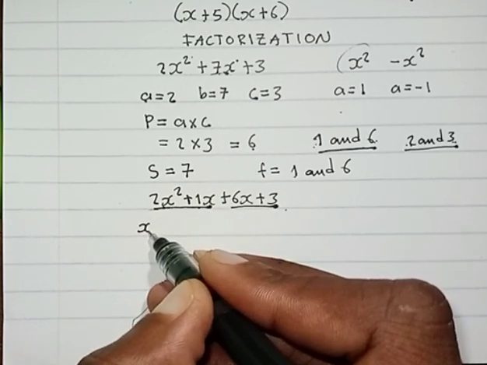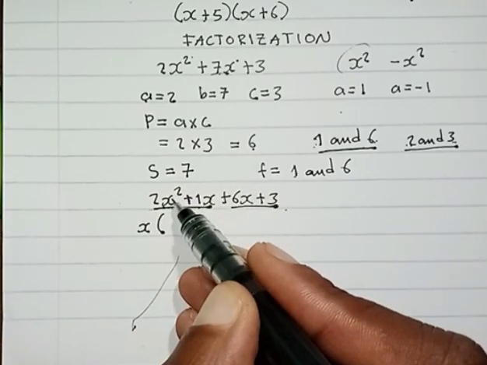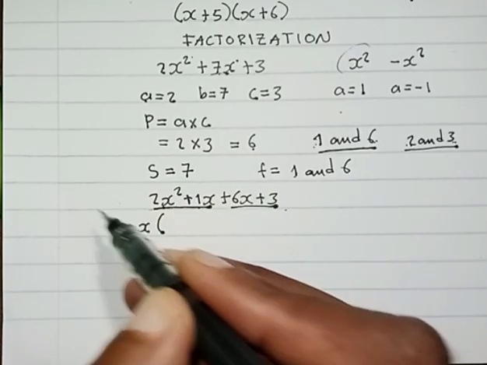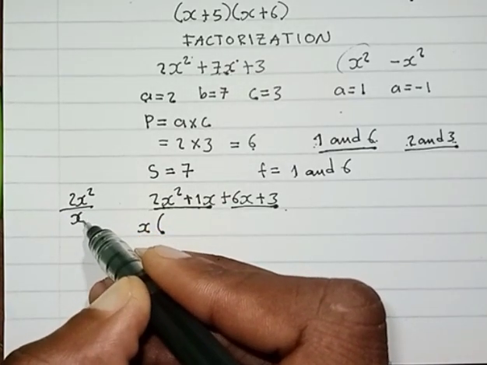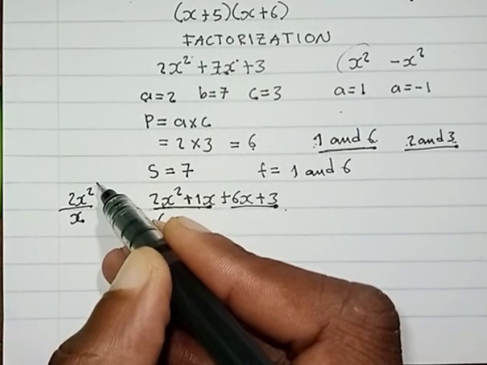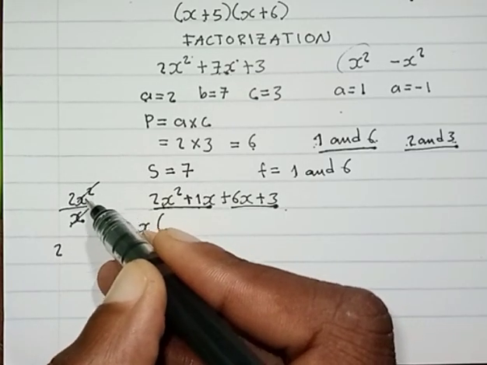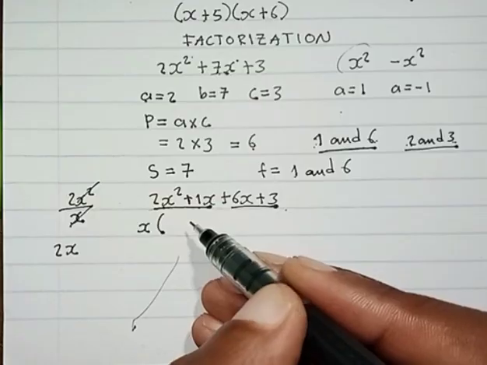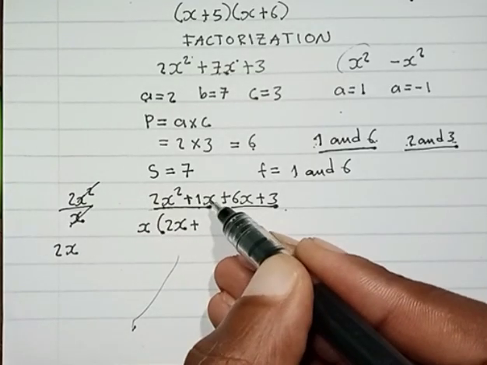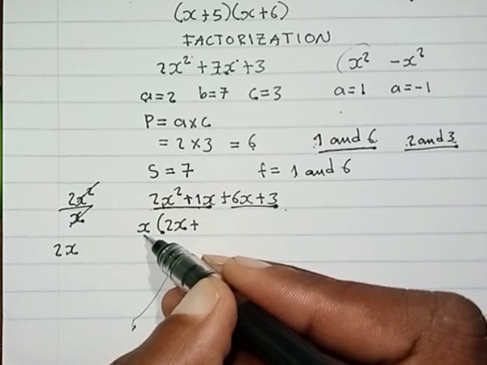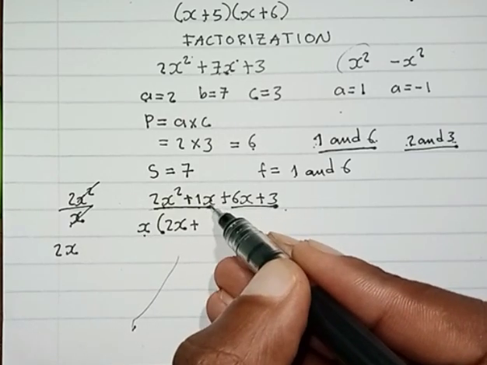So we say x is common, then we open parentheses. Now we say 2x squared divided by x. So here, this and this will cancel. So we just remain with 2x. Then plus 1x divided by x.